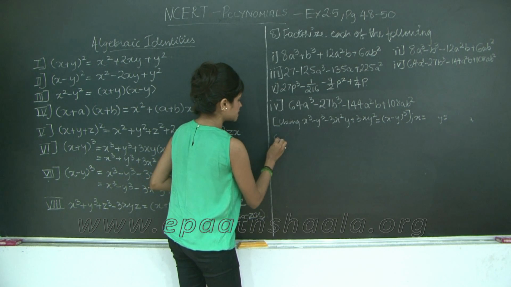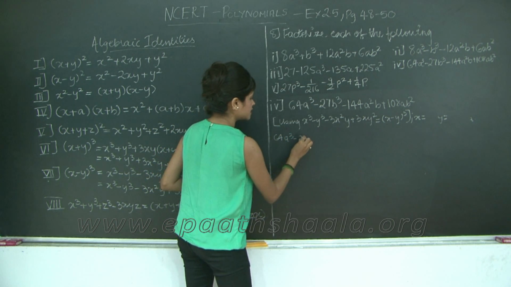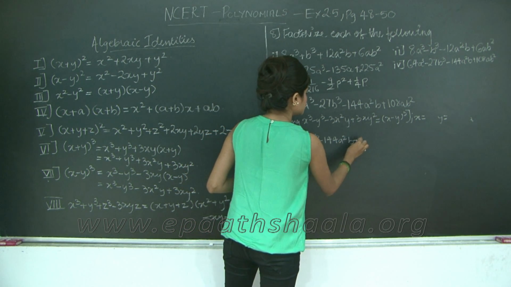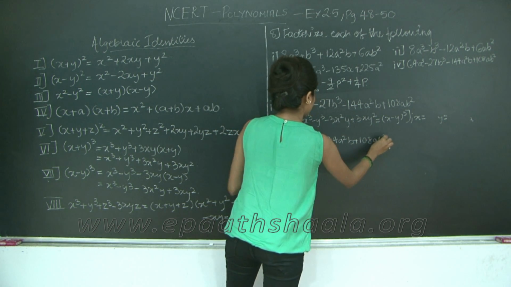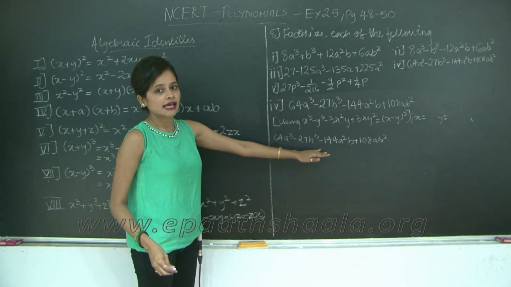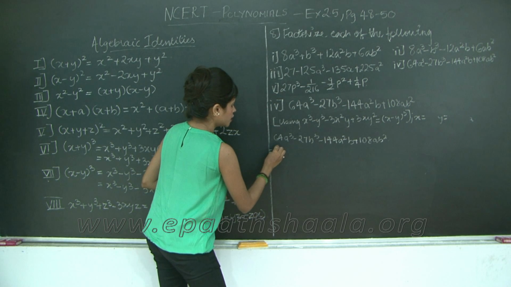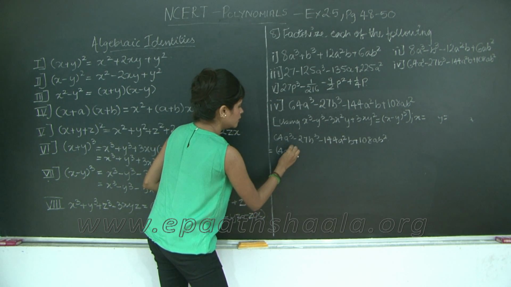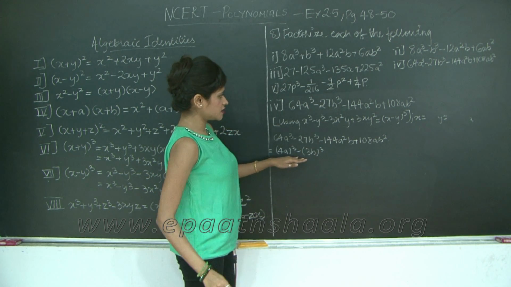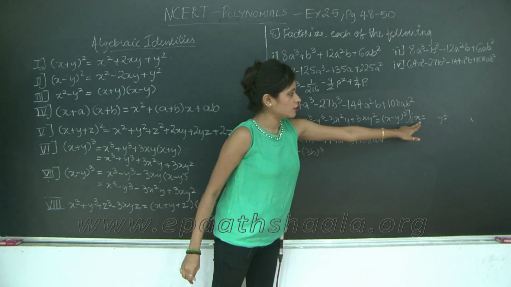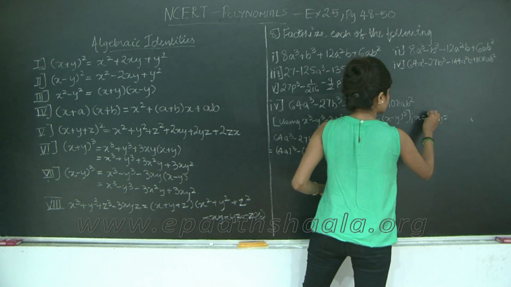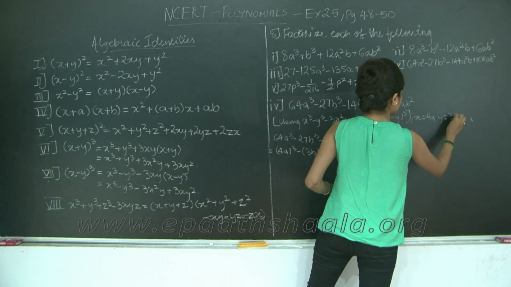So my question is 64a cube minus 27b cube minus 144a square b plus 108ab square, right? So 64a cube can be written as 4a the whole cube and 27b cube can be written as 3b the whole cube. Let us rewrite it. So 4a the whole cube minus 3b the whole cube. Now comparing this with our identity over here, your value of x becomes 4a and your value of y becomes 3b, right? So x is 4a and y is 3b.